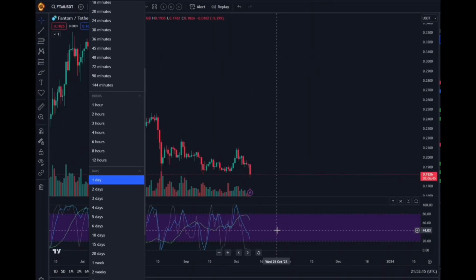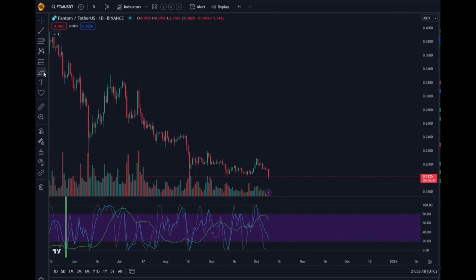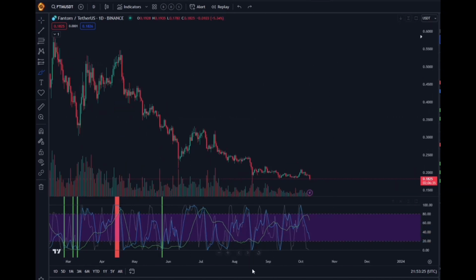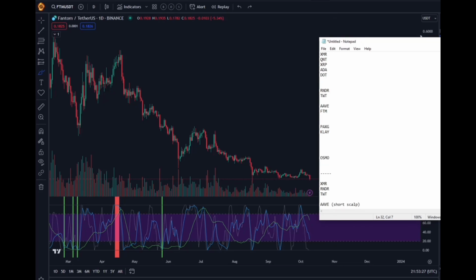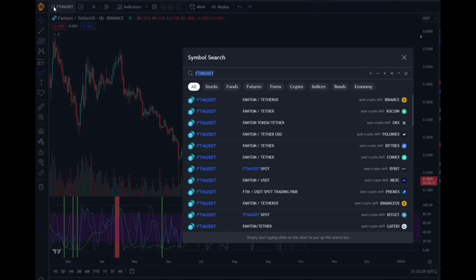And quickly just noting here, this is starting to look like a failed gear up. That's looking like that, so I'm not gonna be looking at this one at all. The next one is gonna be PAX-G.